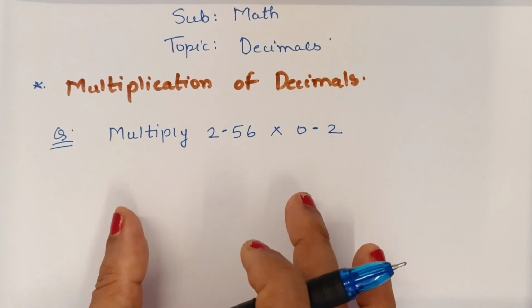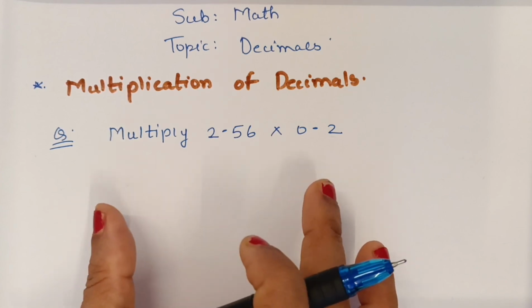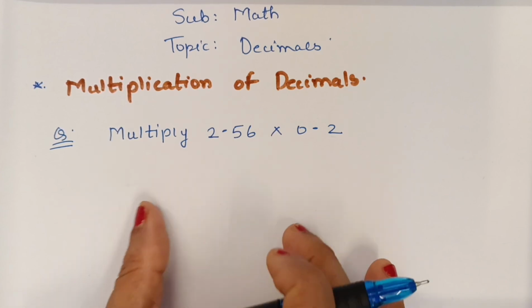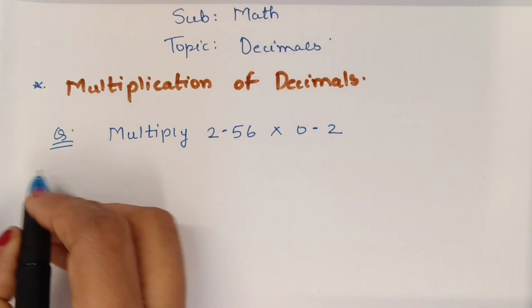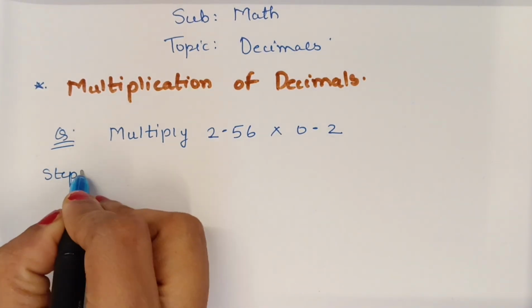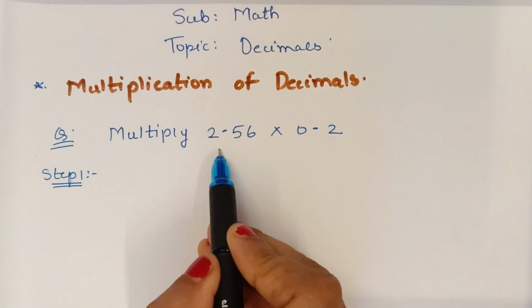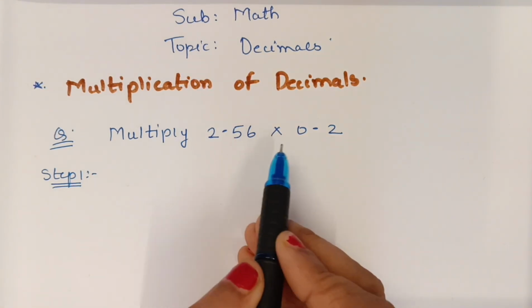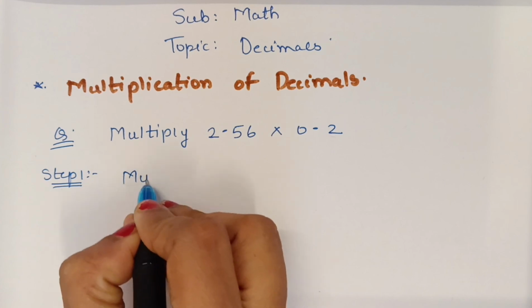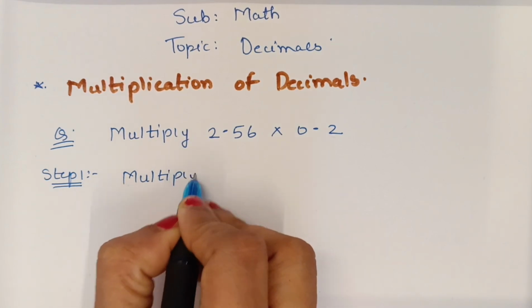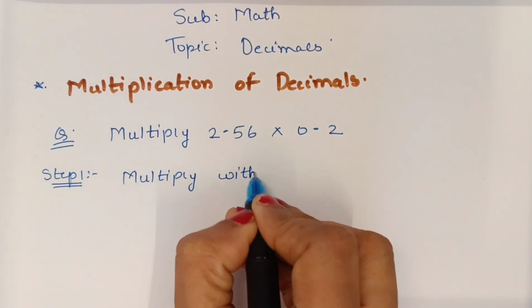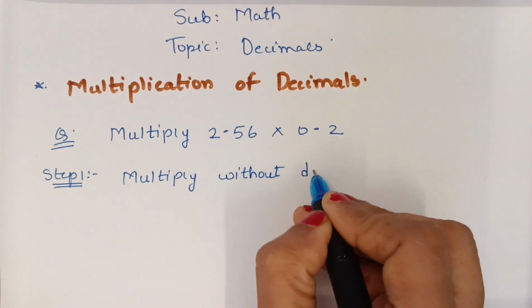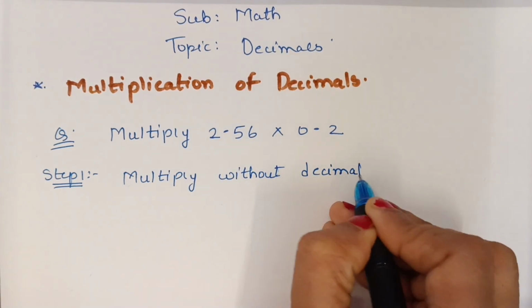No need to write the steps in the exam. The steps are just for understanding. Step 1. Whenever you get such decimal numbers to multiply, first and foremost, multiply without decimal points.